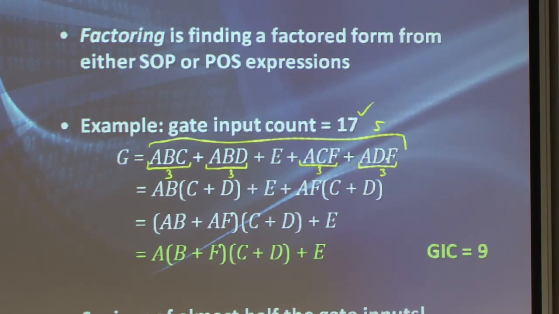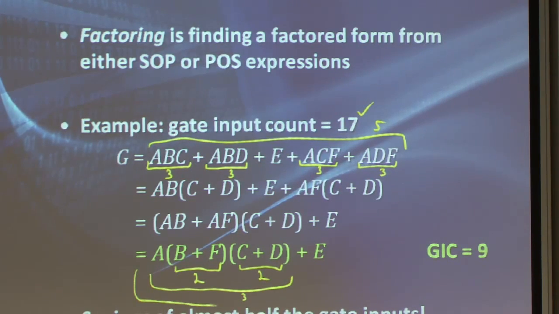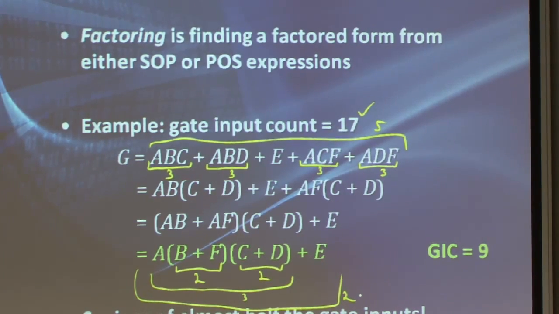Counting how many gate inputs we have for this new circuit, we follow the same procedure: this is a 2-input OR gate, a 2-input OR gate. Then we need a 3-input AND gate, and then another 2-input OR gate.